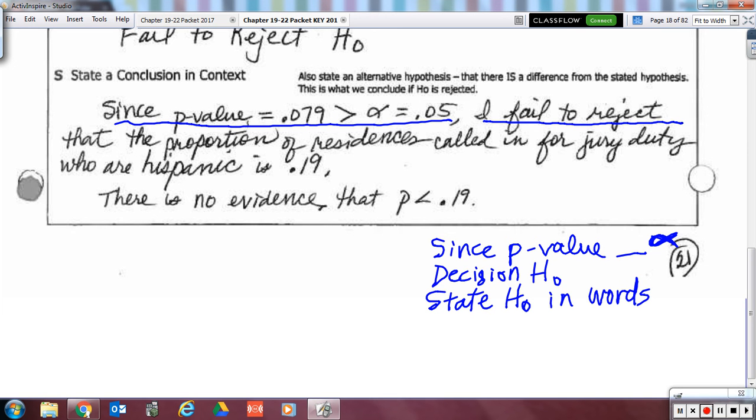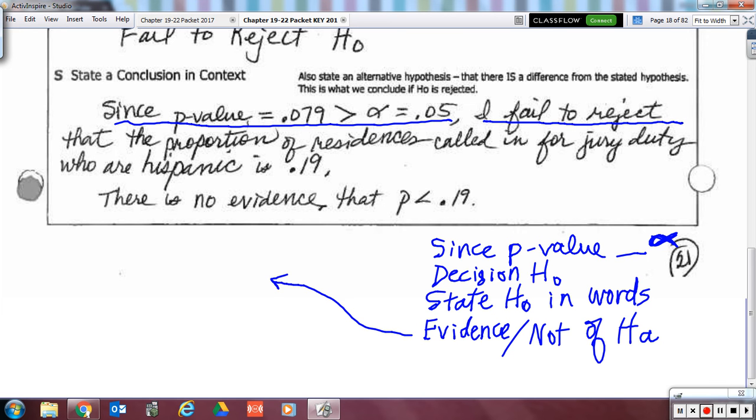Okay, and finally, I want you to give me information about whether you have evidence or not of the alternative. So let's have a small discussion about this. If I'm okay with H0, do I have evidence of HA? If I'm okay with H0, do I claim HA?